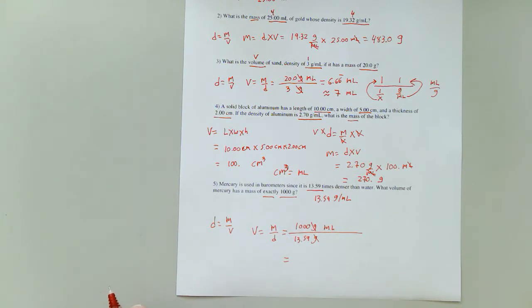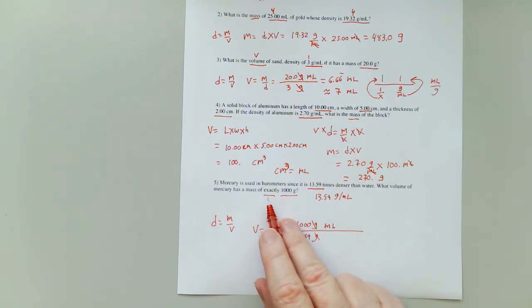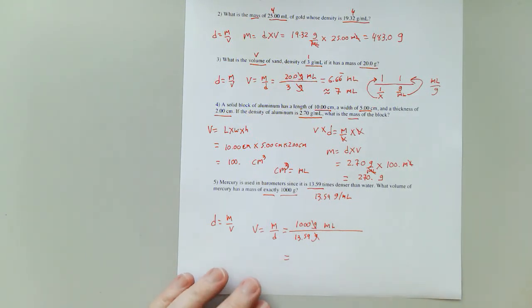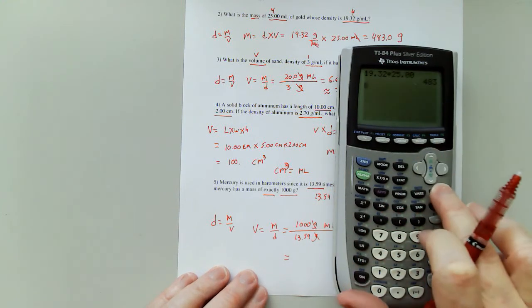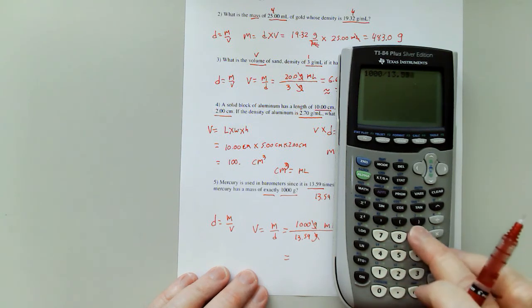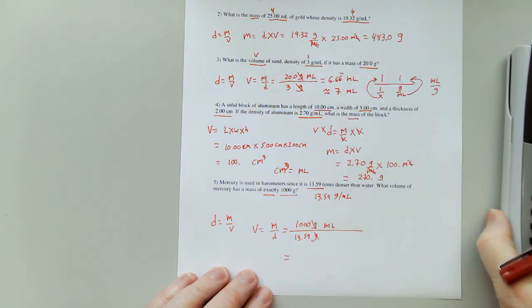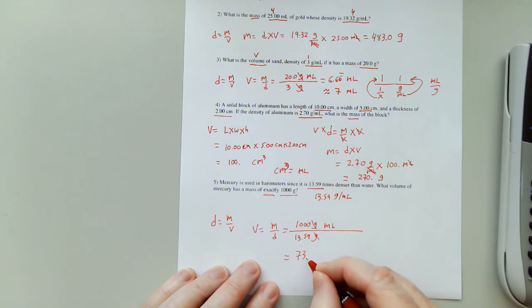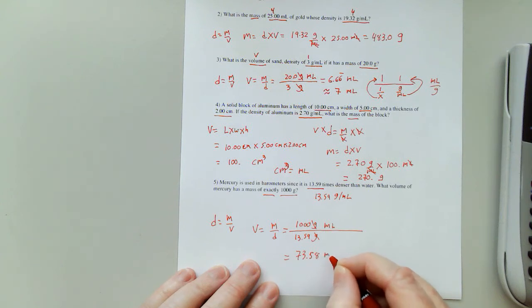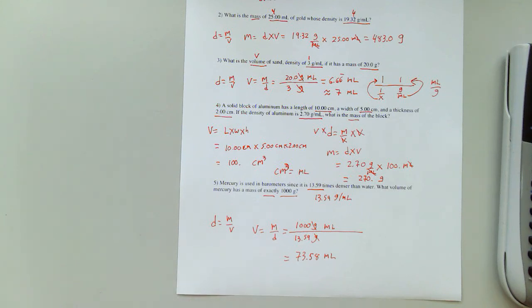Read through it several times if necessary, because it gives you information. 1,000 grams, just as the way it's typed, you might think it was 1 sig fig, but by the word exactly, we know that's as many sig figs as we need. So, 1,000 divided by 13.59, and that gives me 73.58 milliliters. That's 4 sig figs based upon the 13.59.